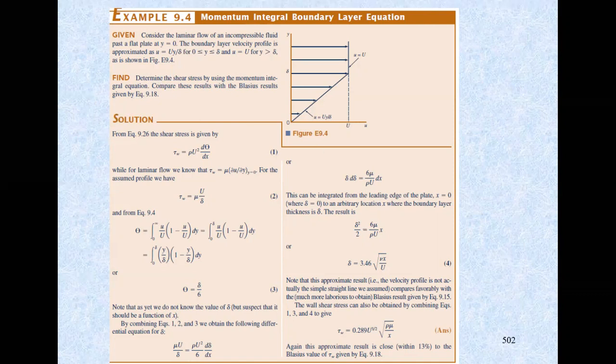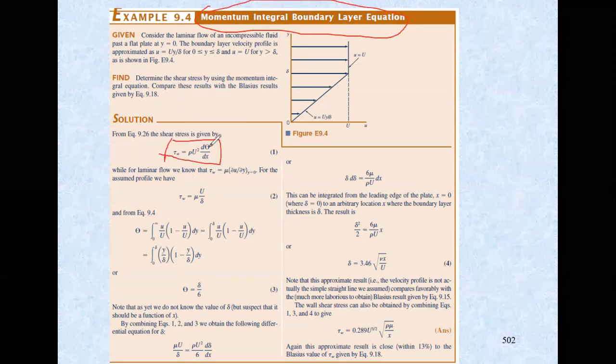Okay, so that's the question over here. So the shear stress based on the momentum integral boundary layer equation is defined as rho u square d theta over dx, where theta is the momentum thickness of the boundary layer.